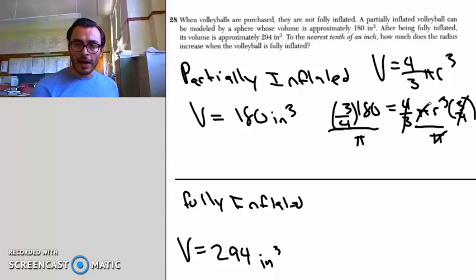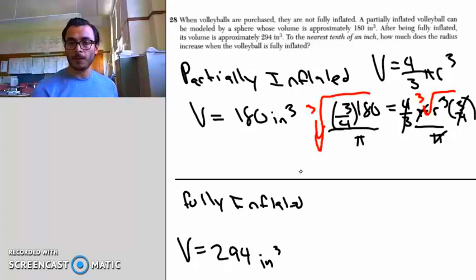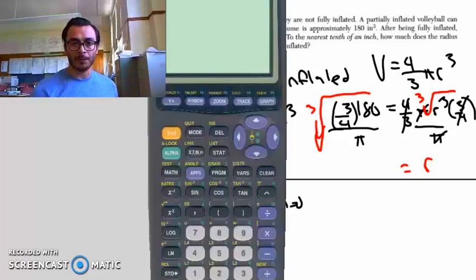And then I have to take the cubic root of both sides. So I got to take the cubic root of this whole thing right here, and then that will get me the radius. So let's get a calculator and do all that.